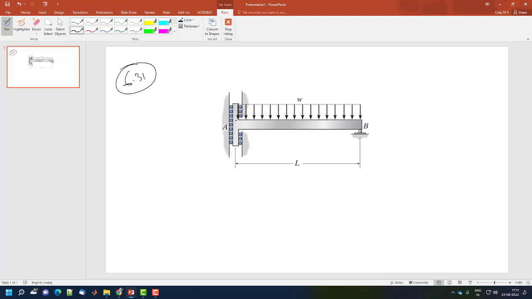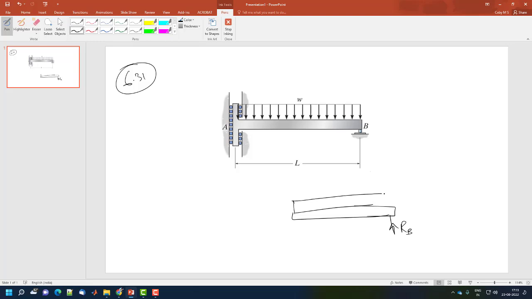Okay, so I'll just read it again. The support at A allows the beam to freely slide along the vertical guide so that it cannot support a vertical force. So they have mentioned that there is no vertical force at the sliding joint A. Let's draw a simple free body diagram. Here it will be RB since it is a roller support.